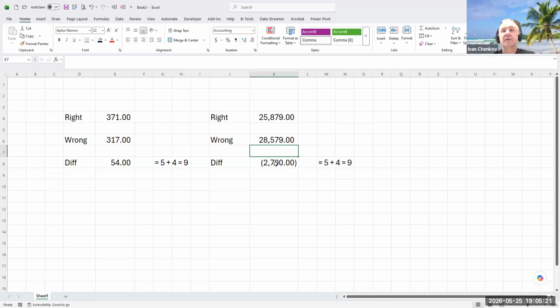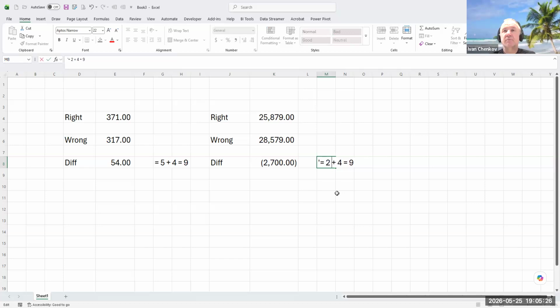And as you can see here, the difference digits are 2 plus 7 plus 0 plus another 0, which is equal to 9. Transposition error. Right there.